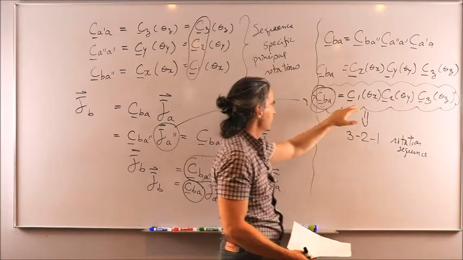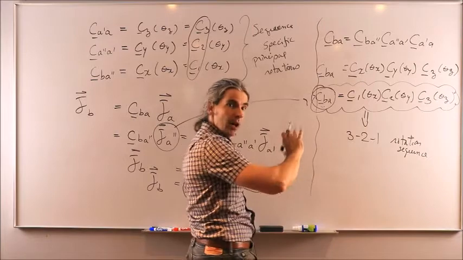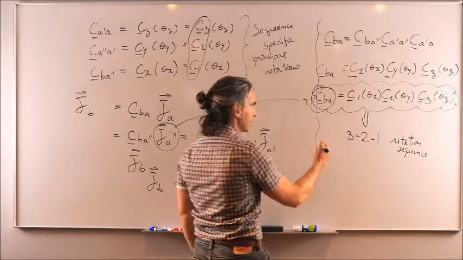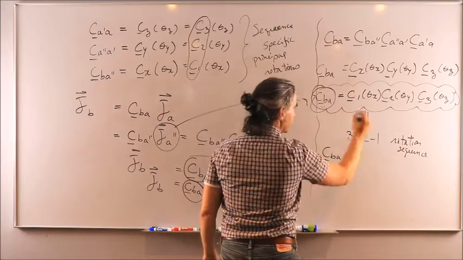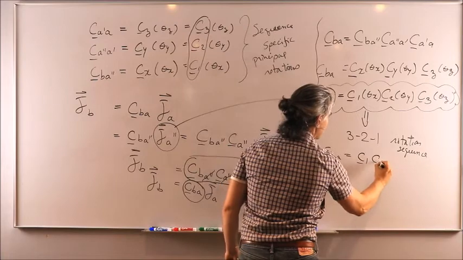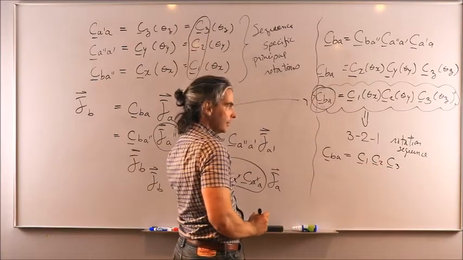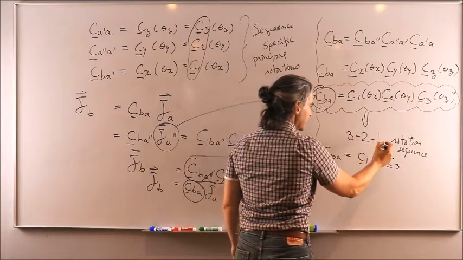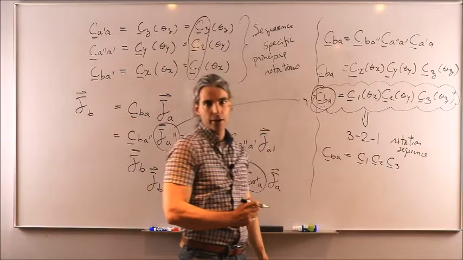Well, look at our result here for calculating CBA. This is actually the opposite order of the sequence, because CBA for the 3-2-1 rotation sequence is C1, C2, C3. So a 3-2-1 sequence is 1, 2, 3 in terms of multiplying rotation matrices together.